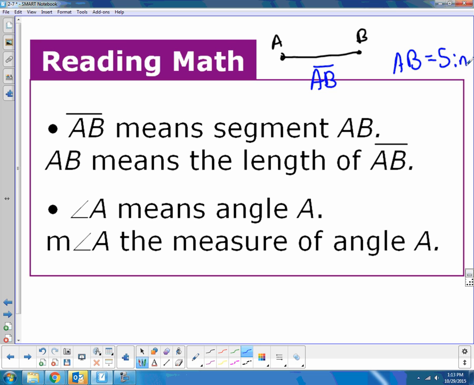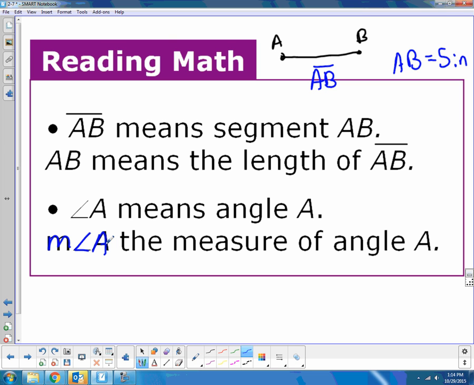Similarly with angles. Angle A is with that angle symbol right before it. This symbol right there is an angle symbol. It means angle A. And if we measure that angle, if we use a protractor to measure that angle, we would say that the measurement, M angle A, the measure of angle A might be like 40 degrees.